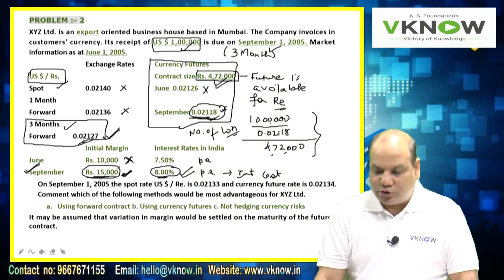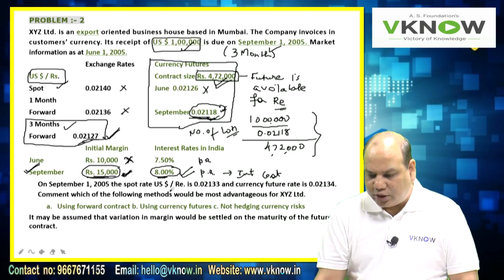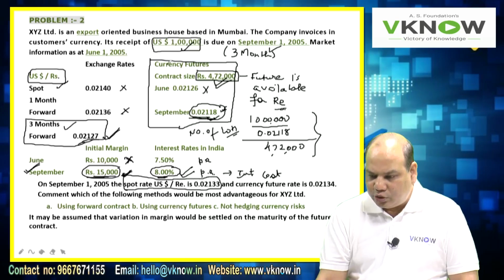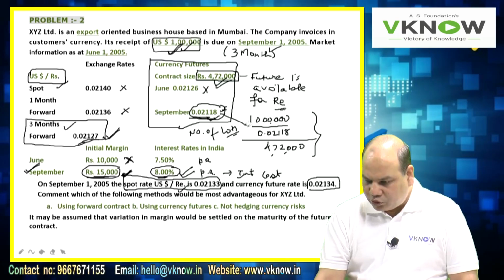So that will give you interest cost on initial margin money. Now what happens on maturity? On September 1, 2005, the spot rate US dollar per rupees is 0.02133. This is the rate at which you will convert your export proceeds in the spot market on maturity, and the currency future rate is 0.02134, and this is the rate at which your future contract will be squared off.